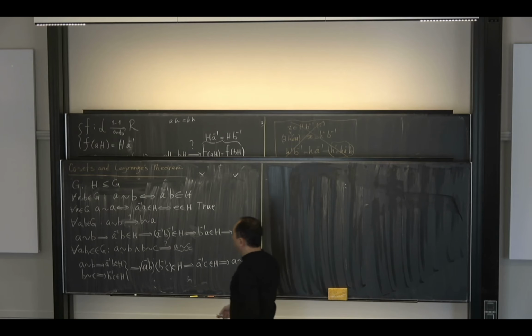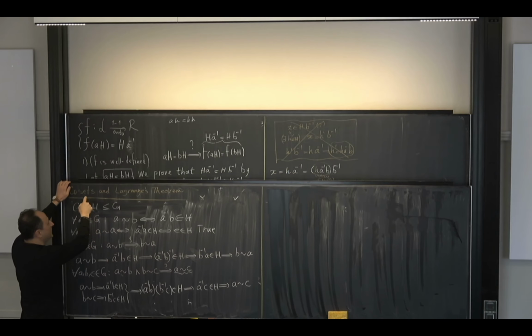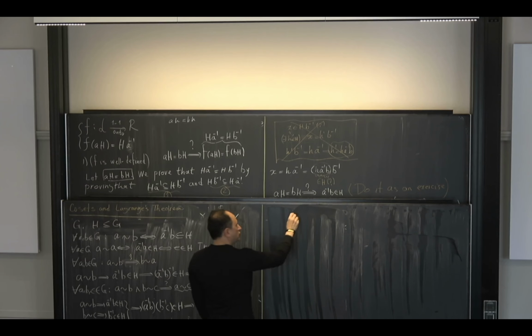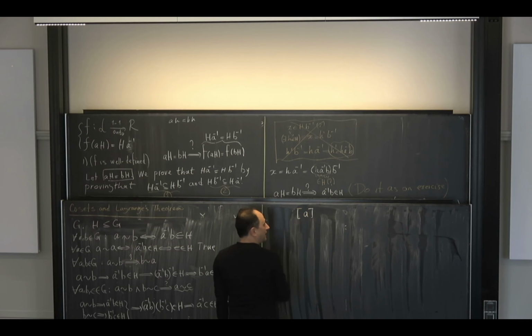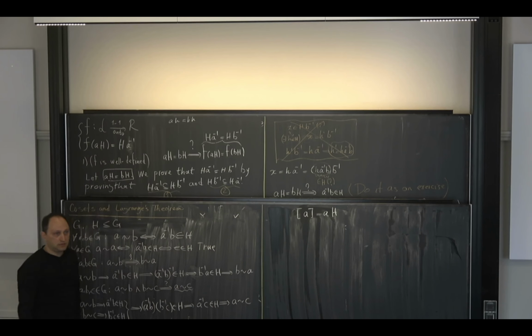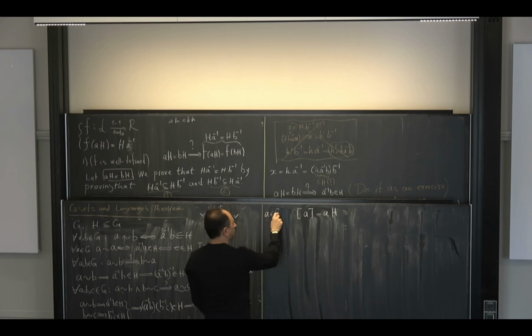And now, this equivalence relation is the one that we were expecting. Okay? Now it shouldn't be hard for you to show that the equivalence class of A is exactly the left coset containing A. Yes? So this is something you should prove yourself.